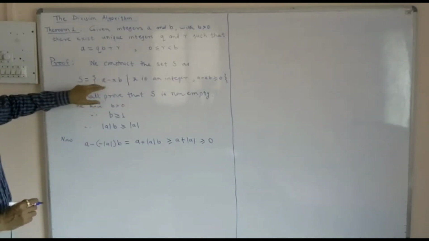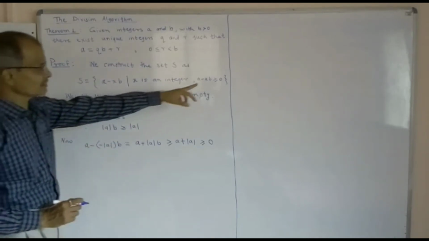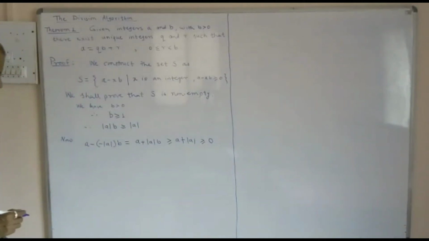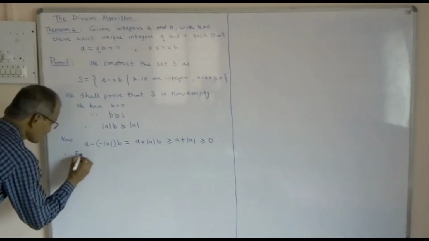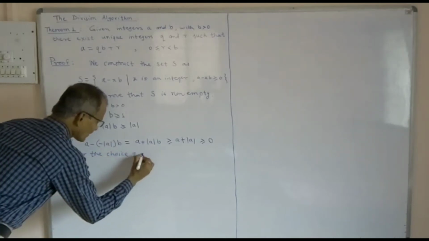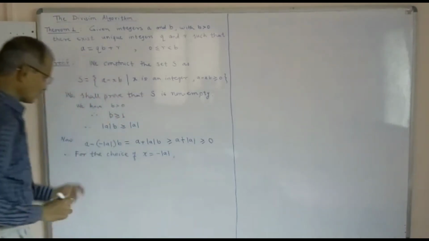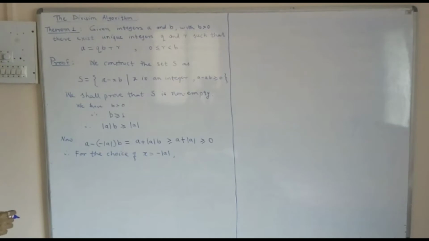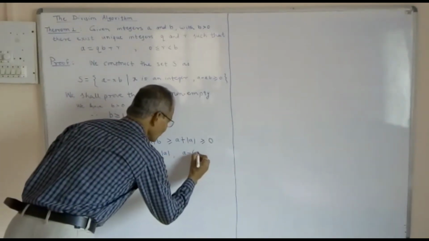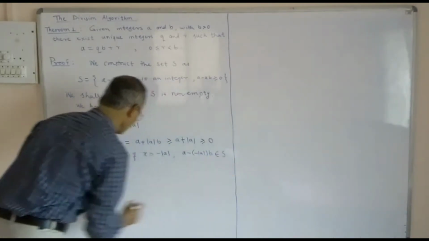So what is the condition? The number must be of this form, A minus xB, and it is greater than or equal to 0. So this number is in the form and is greater than or equal to 0. So therefore for the choice of x equal to minus mod A, this number, A minus mod A into B, belongs to S. Therefore S is non-empty.